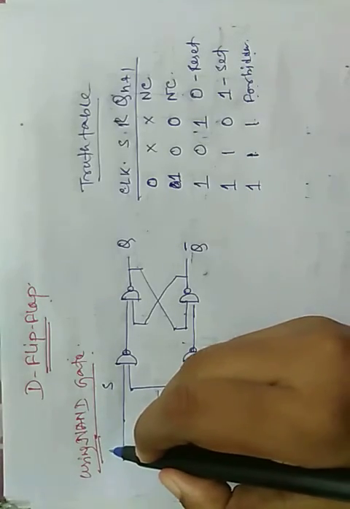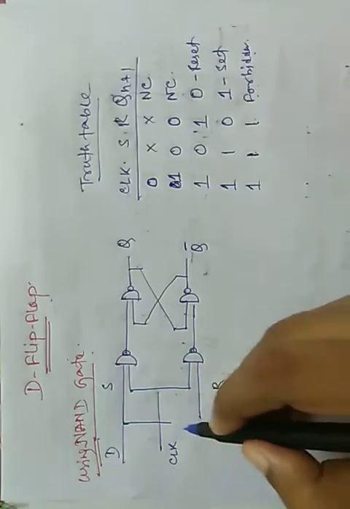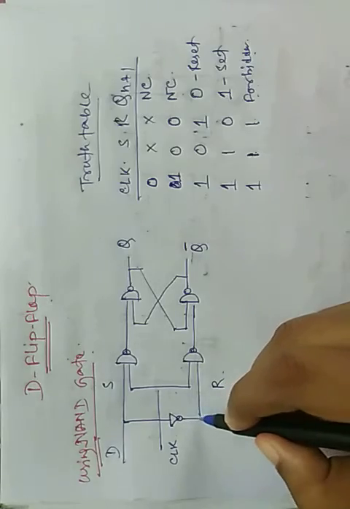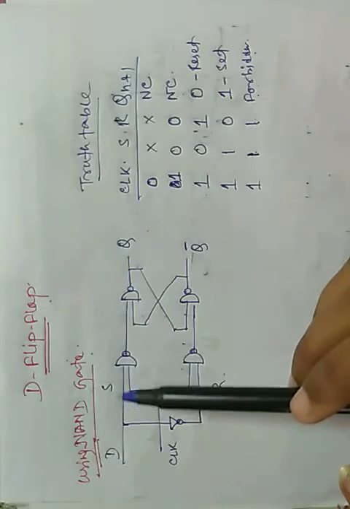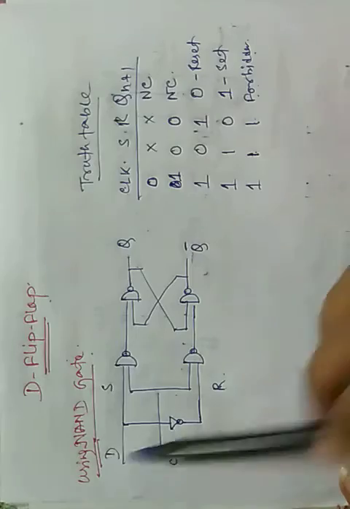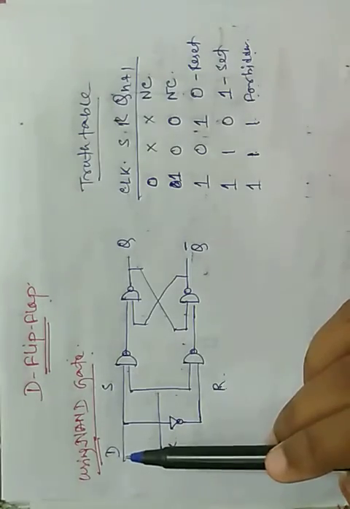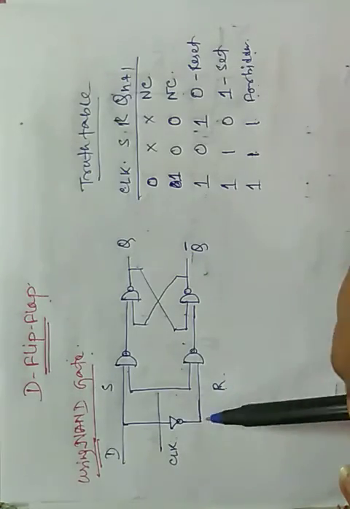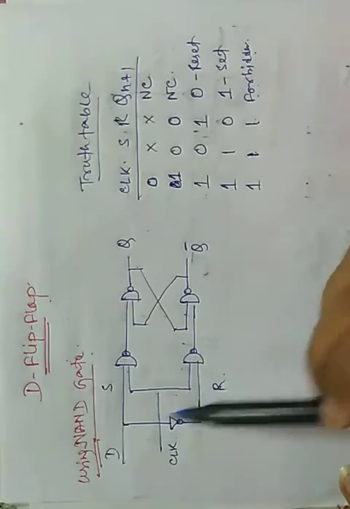We give an input signal D and add one inverter, that is one NOT gate, and pass it as input to R. That is, by changing the two input lines S and R into a single input line, where S gets the direct value from the input line and R gets the inverted value of the input line. So by changing this, what will happen?